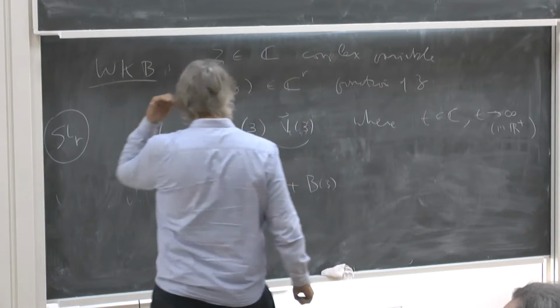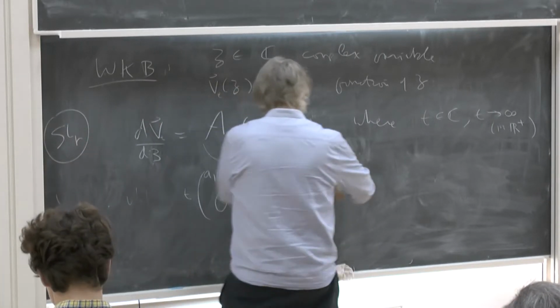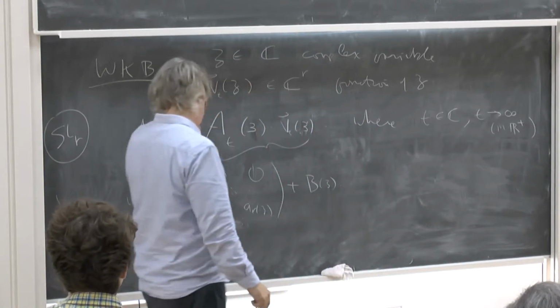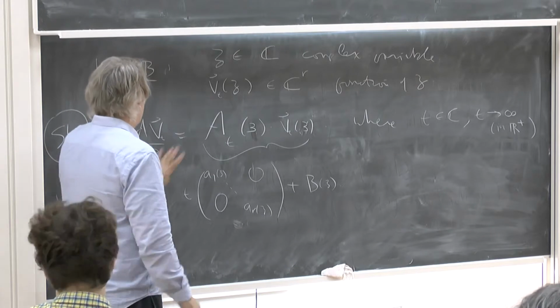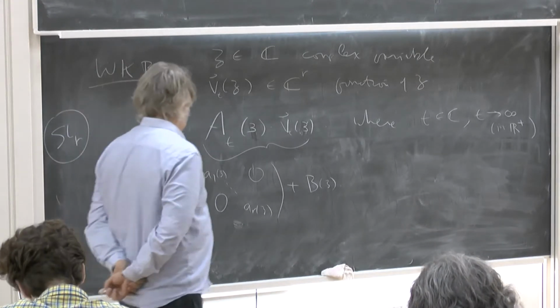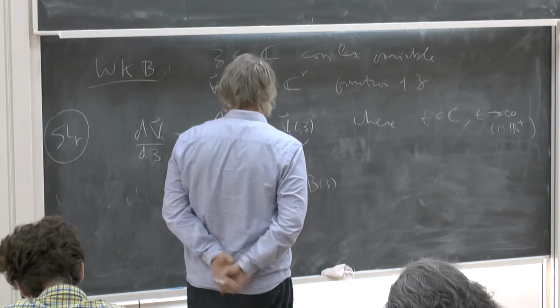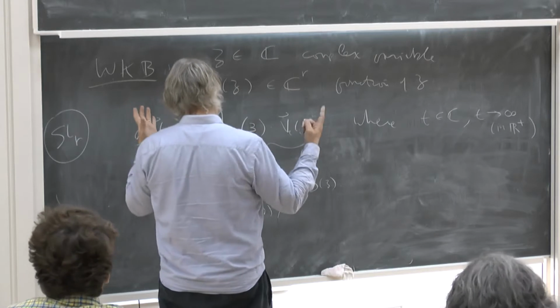So it's something like this. Of course you can modify this a little bit. This can have lower order terms in powers of t inverse and so on. But this is the basic setup for another WKB kind of question: an ordinary differential equation depending on a large parameter.